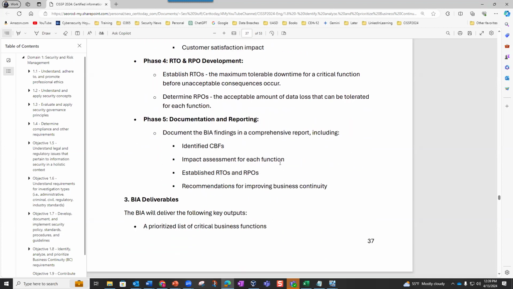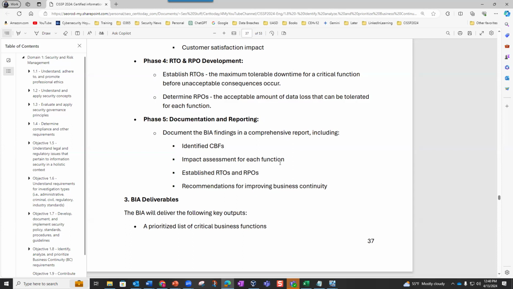In phase four, you could include something like RTO and RPO development. Establish RTOs, that is the maximum tolerable downtime for a critical function before unacceptable consequences occur, and determine the RPOs, which we just talked about, the acceptable amount of data loss that can be tolerated for each function.